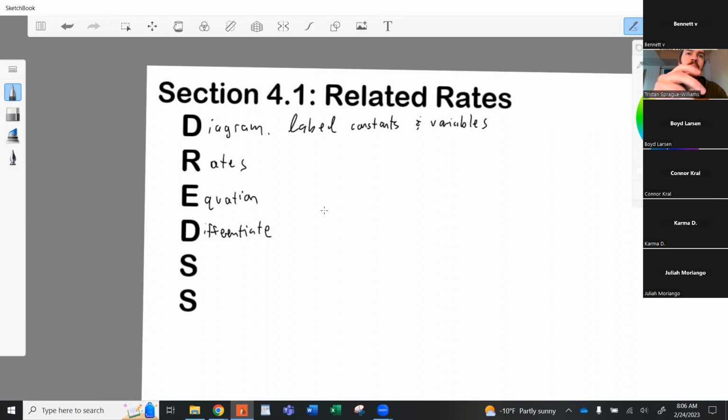And in related rates, we're always talking about things changing over time. It's a very specific application of derivatives. Things changing over time. So differentiate with respect to t, time. That's technically implicitly, because you're almost never going to have t as an actual variable involved in your equation.